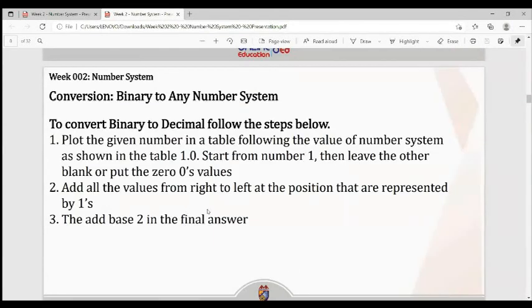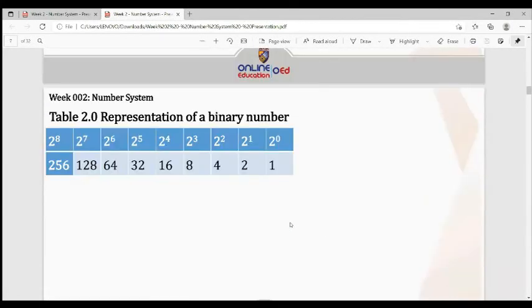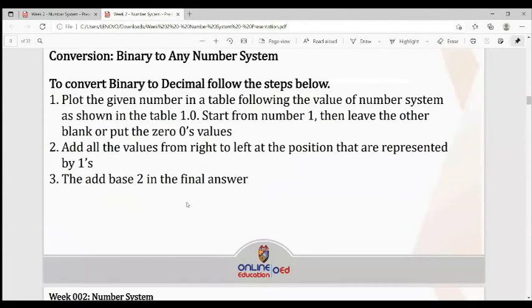Then, add the value from right to left at the position that are represented by 1s. I-add mo yung value na may 1. And then add the base 2 in the final answer.